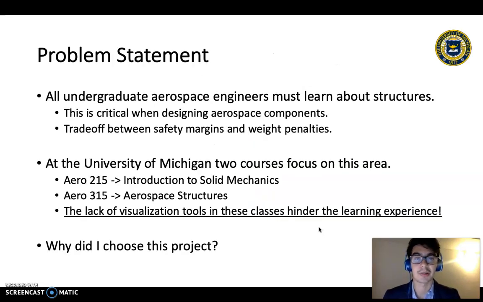So let's talk about the problem statement. All undergraduate aerospace engineers must learn about structures. This is critical when designing aerospace components because there's a trade-off between safety margins and weight. Now, this is particularly important for aerospace engineering because it has one of the industries with the lowest safety factors.